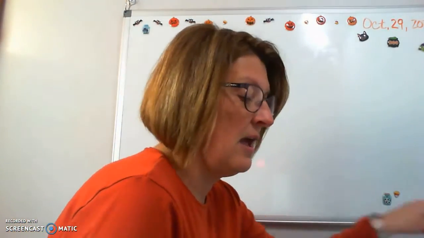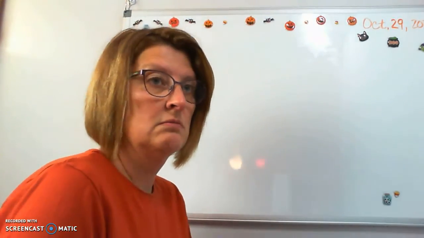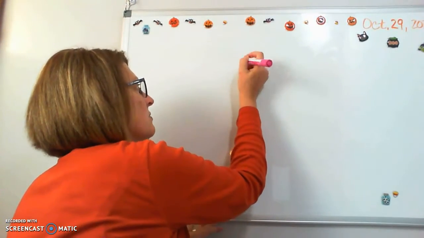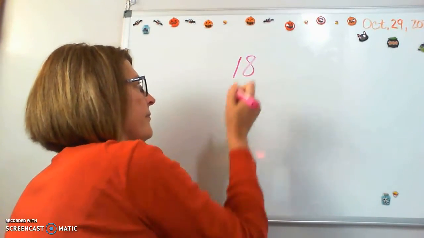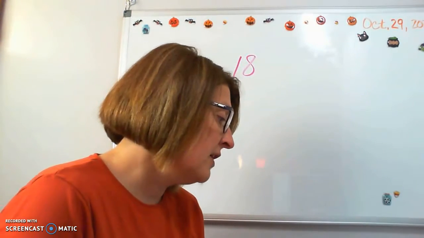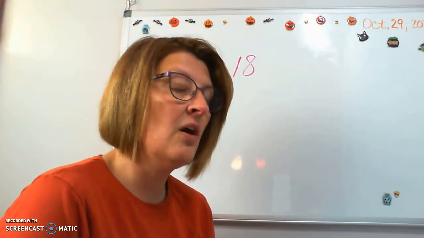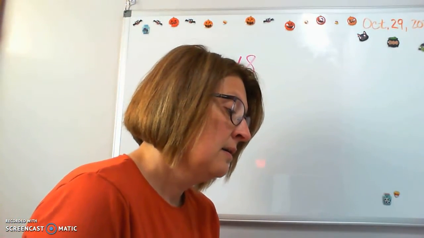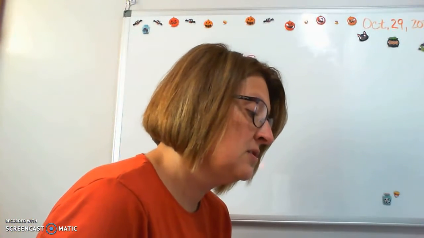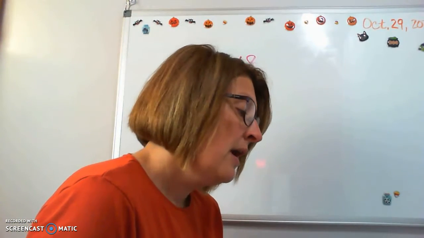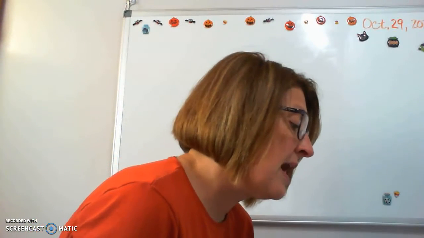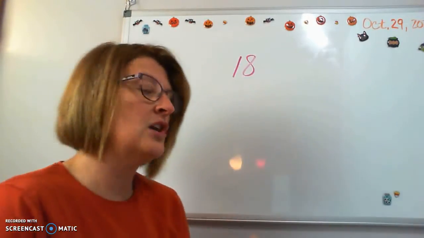Terry has 18 worms. She gave, so she's giving away 4 worms to Susie and 3 worms to Jamie.